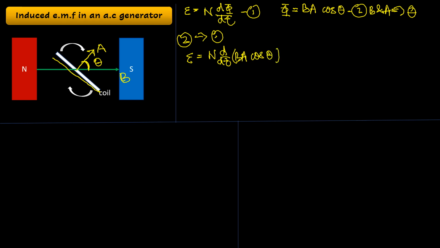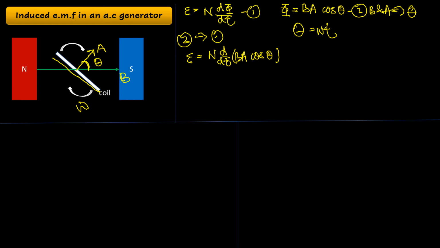Because you want to differentiate with respect to t but you don't have t, you know that your coil is rotating with an angular velocity equal to omega. So you will have theta equal to omega t. Your coil is rotating at a fixed rate, omega, so theta will be equal to omega t.